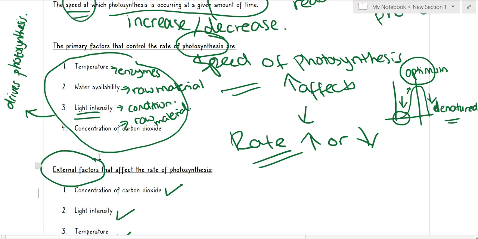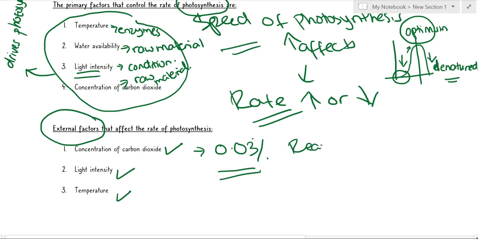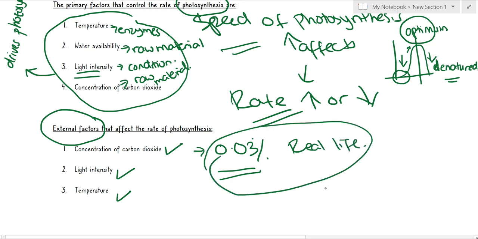Okay, so one thing you need to know is that the concentration of carbon dioxide in the air is always 0.03%. So in real life, carbon dioxide levels will always stay constant. So this is a very important limiting factor.